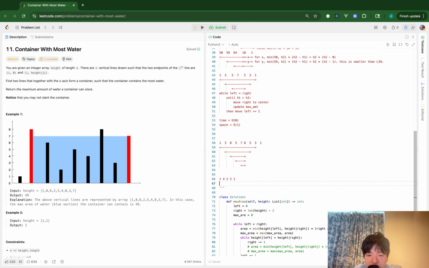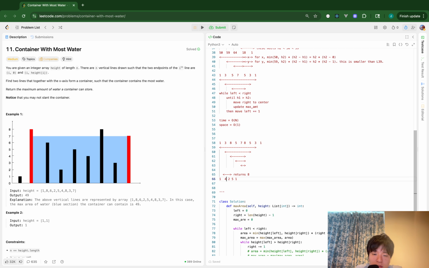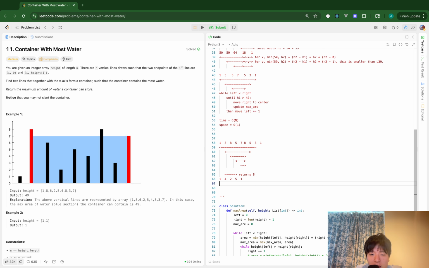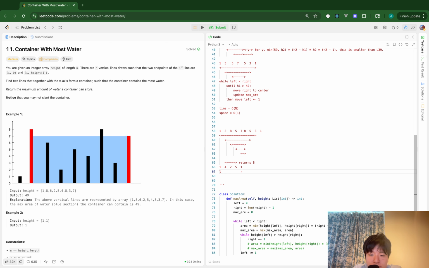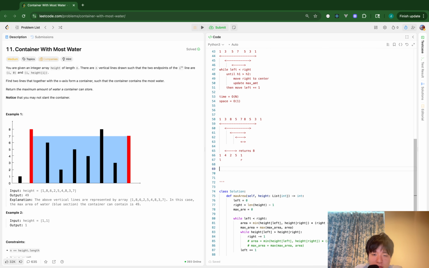I will think of this example. And the maximum amount should be this. So it should be area 8. Yeah. Okay, so I start with left 0 and right here. And max area is now 0. Okay.